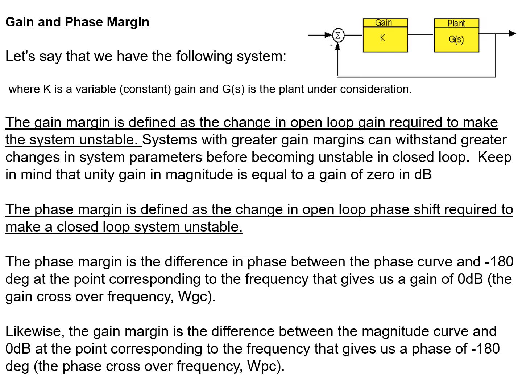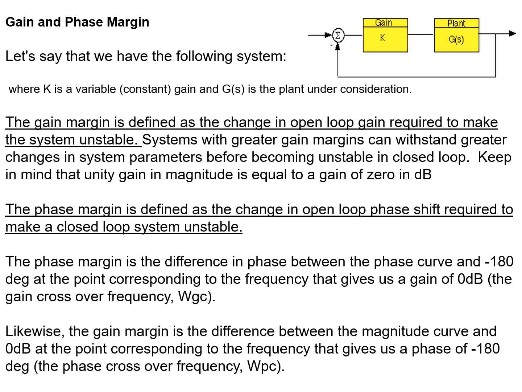The gain margin is defined as the change in the open loop gain required to make the system unstable. A system with greater gain margin can withstand greater change in system parameters before becoming unstable in closed loop.